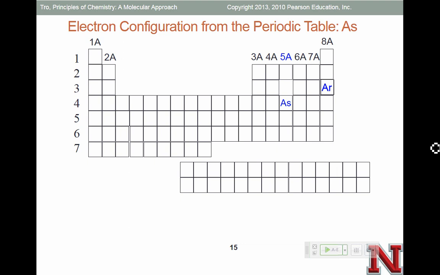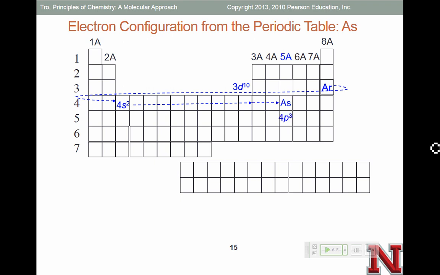If we look at arsenic, very similarly, but arsenic goes past the D. So that means all those 3 Ds are going to be full. So again, we have that 4s2. And then we go through all 10 Ds, so that's going to be 3d10. And then we get back into the P, and it's in the third little block. So that's going to be back to 4, 4p3.